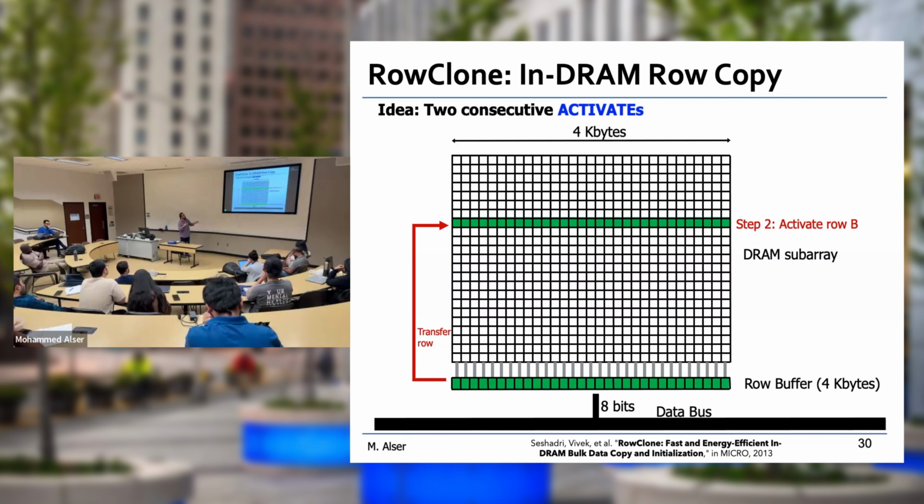And now since this row is active, everything in the row buffer is going to share the charge with the capacitor above. So if the charge over there is above the threshold, which is half VDD, and that one was empty initially, then the charge over there is going to be shared between the two. So I'm going to charge that row with the exact same values I have in the row buffer.